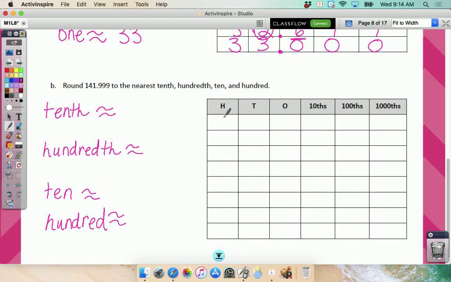And the number is 141 and 999 thousandths. A lot of 9s, so we have to be careful with the regrouping. So get this all written down and then take a look up here.